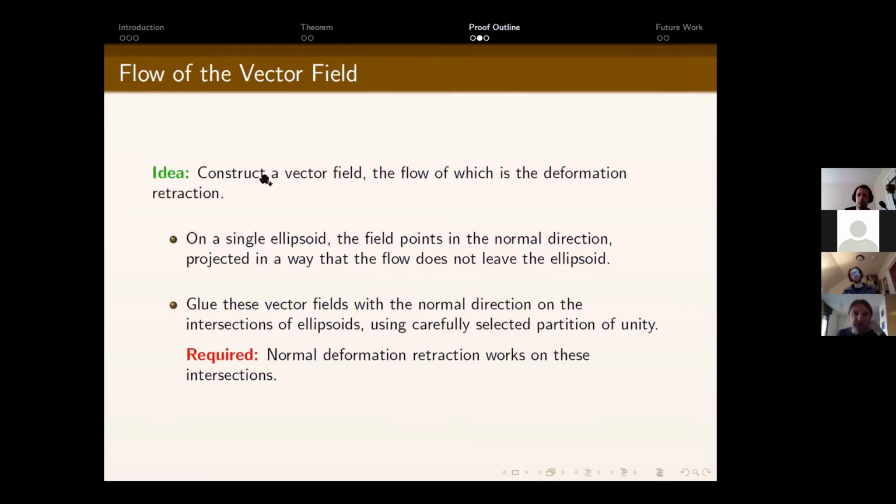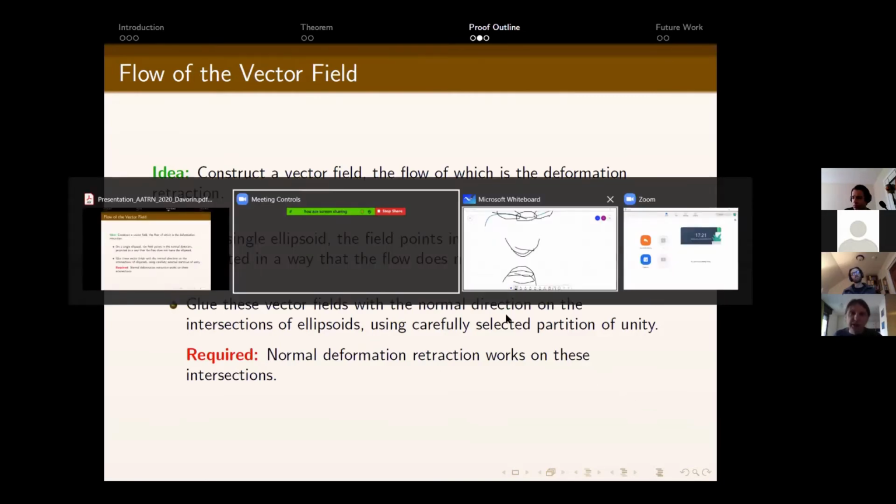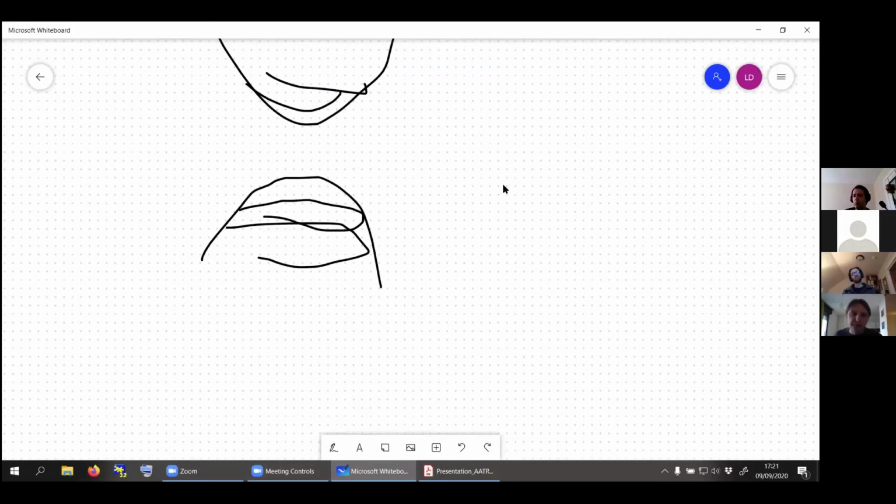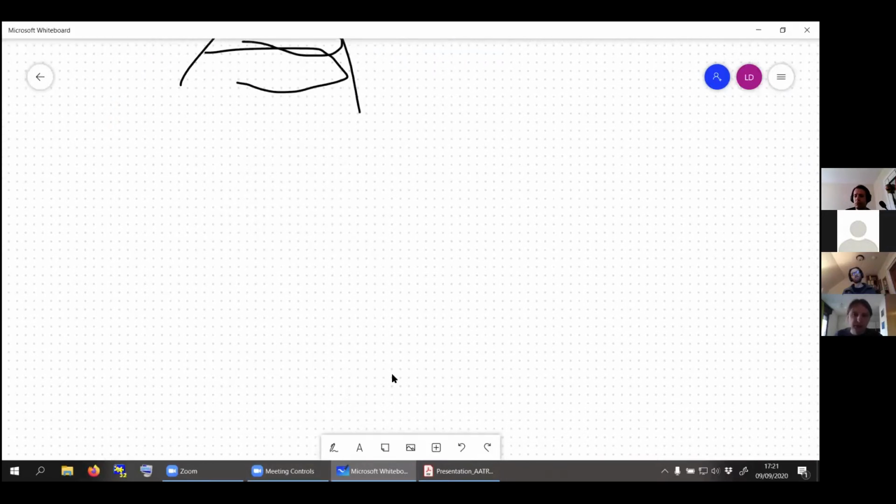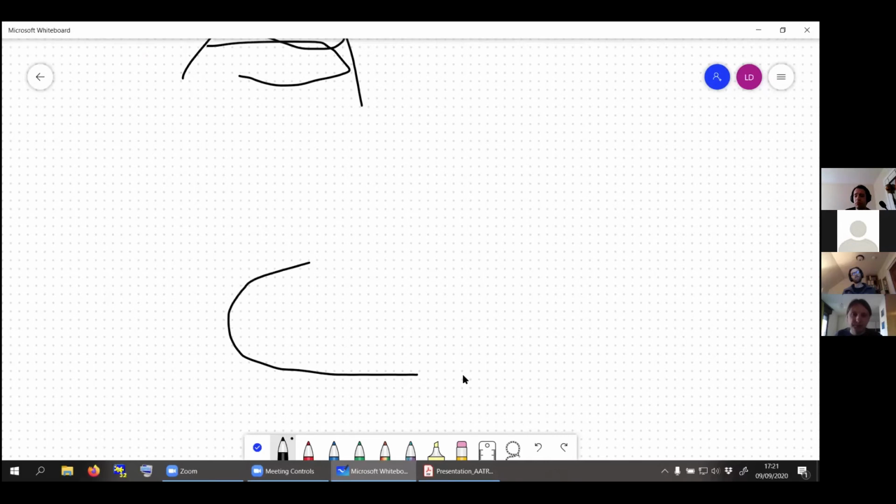So here's the idea, but I'll draw pictures so that we can actually see what's happening. On an individual ellipsoid, what you can do is the following. First of all, this ellipsoid is of a certain size p, but consider the ellipsoids of all smaller sizes.